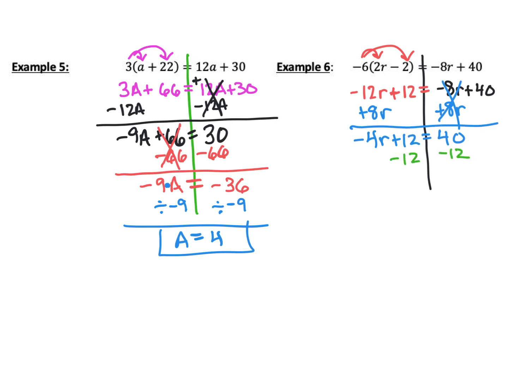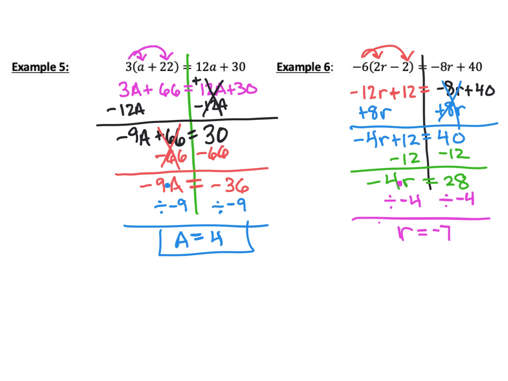So we have negative 4r equals 40 minus 12 is 28. And then we have negative 4 times r, so we're going to divide by negative 4. So we're going to have r equals negative 7.